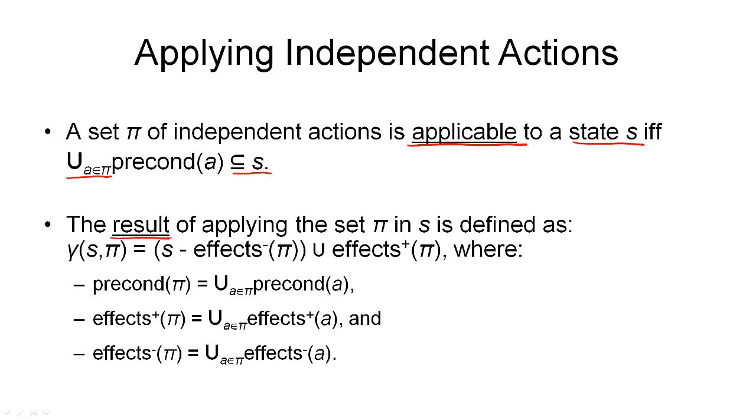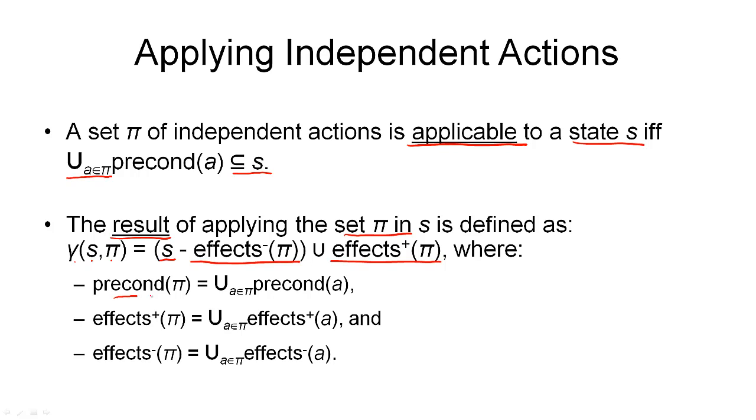And then the result of applying a set of independent actions, so this is our set pi here, is defined as follows. We extend the definition of our state transition function gamma to now take a state S and a set of independent actions pi. And the result will simply be all the propositions that are true in S minus the negative effects of the set pi plus the positive effects of the set pi.